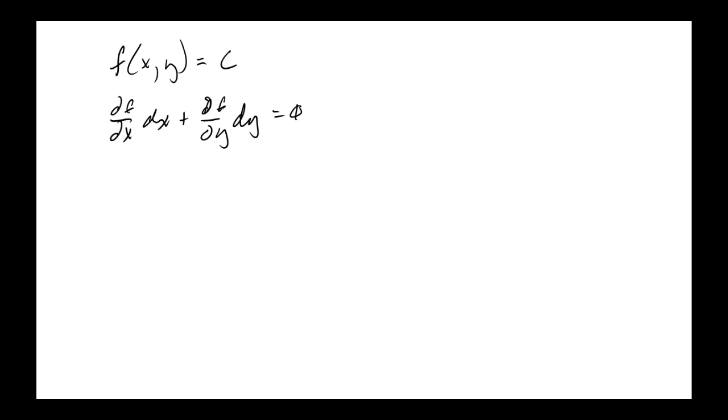Now, what you're usually given is not this, though. What you're usually given is this: some M of xy dx plus some N of xy dy is equal to 0. Right?